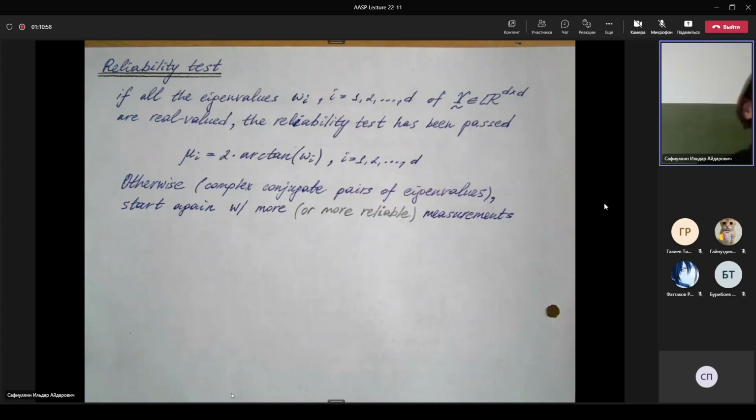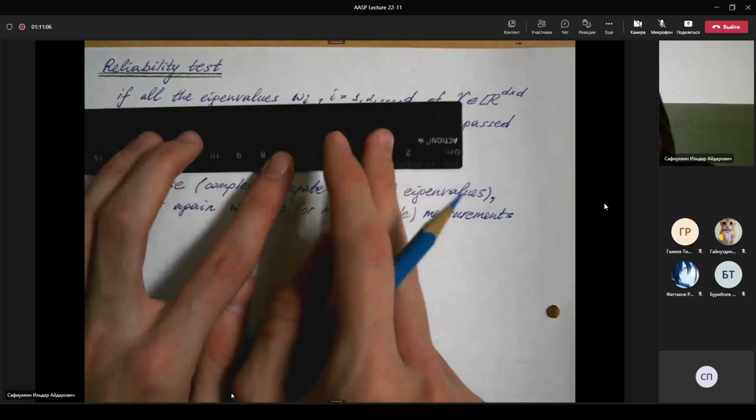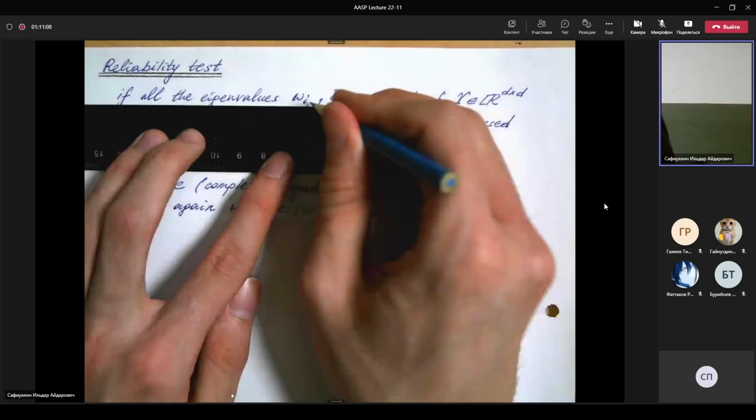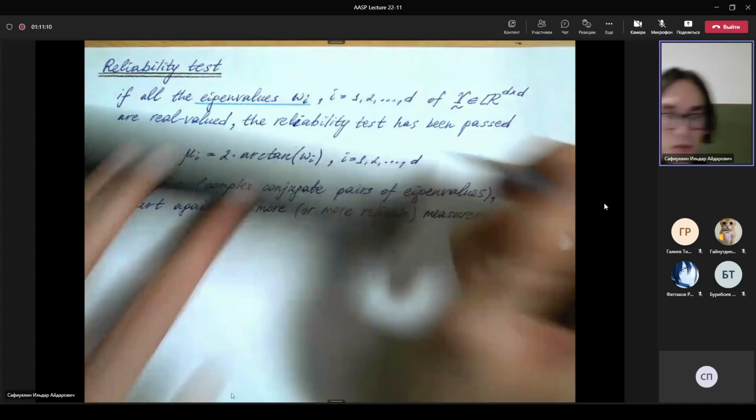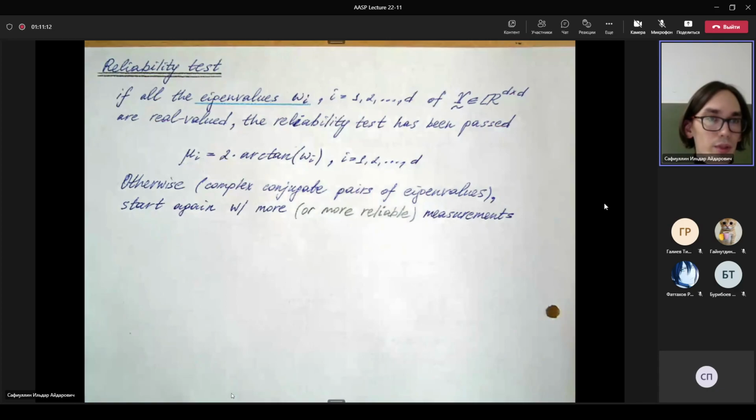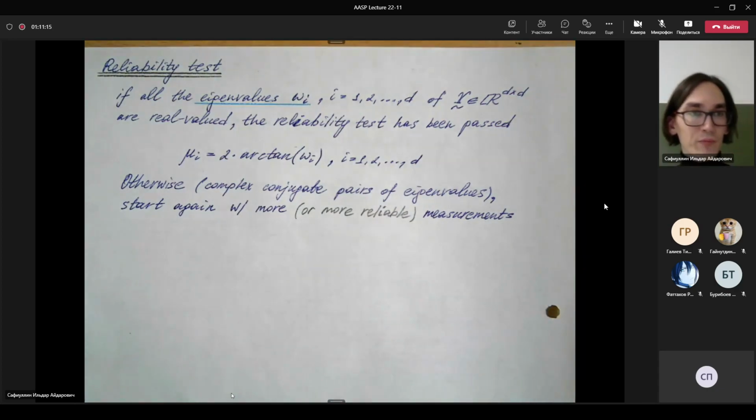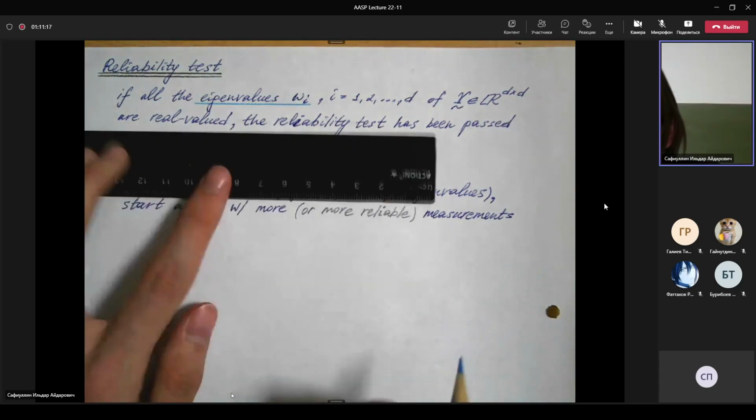So here, for the reliability test, I will indicate eigenvalue omega sub i with blue color, and all these eigenvalues should be real.